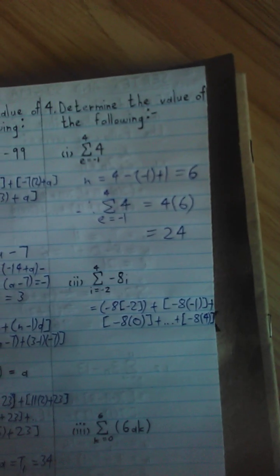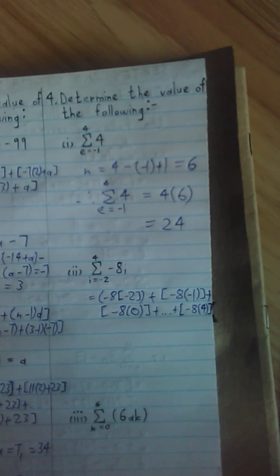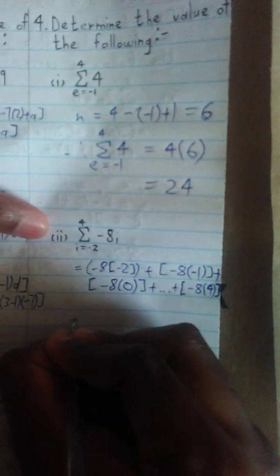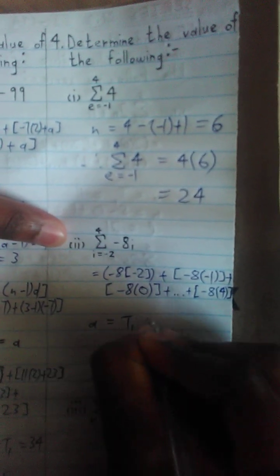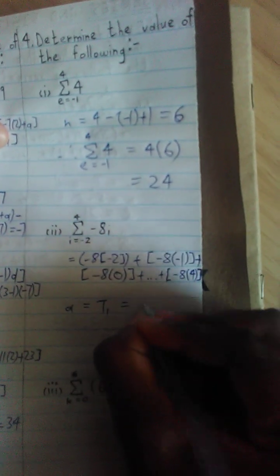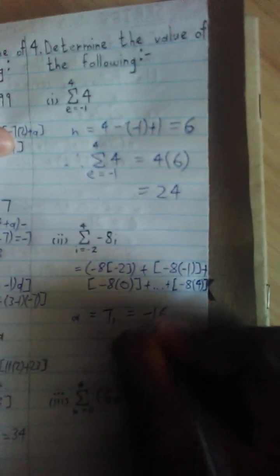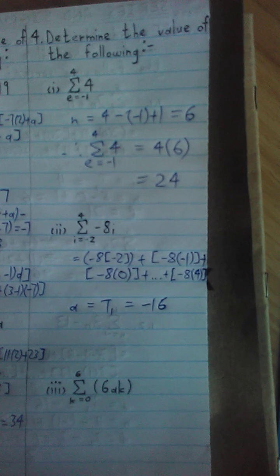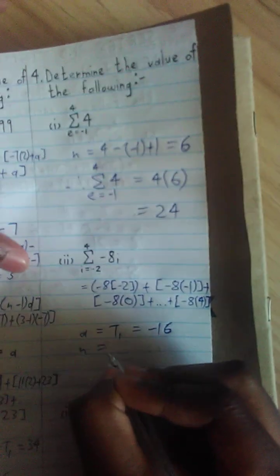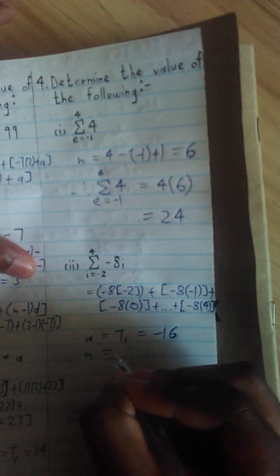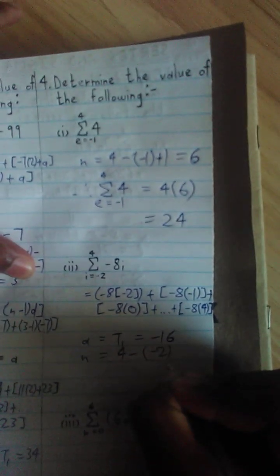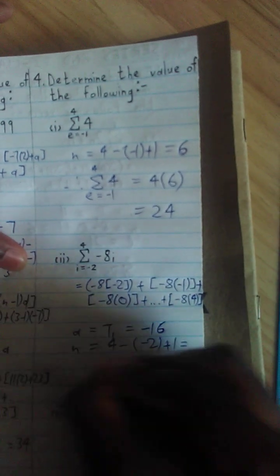Oh my, the space issue once more. So a is T1, which is negative 8 times negative 2. N is upper bar 4 minus lower bar negative 2 plus 1. 4 plus 2 is 6, plus 1 is 7.